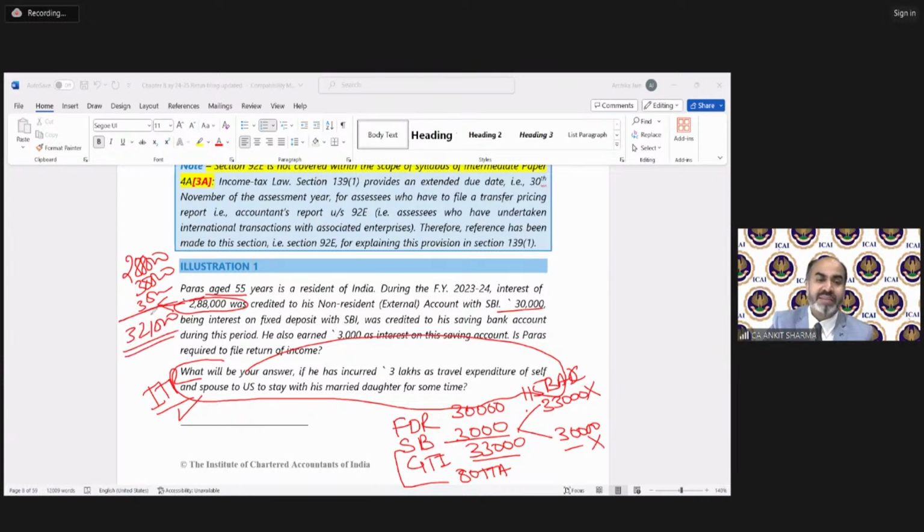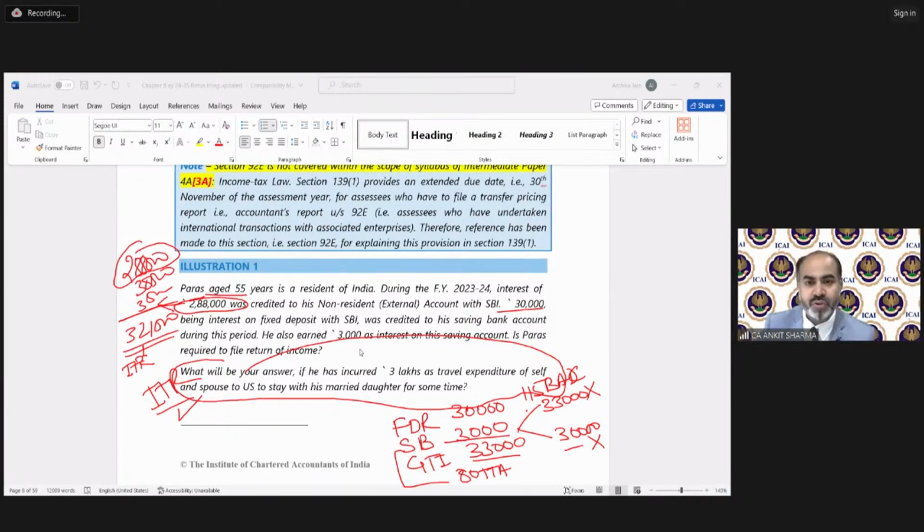So in that case, it exceeds the basic exemption limit in both scenarios, whether it's section 115BAC or normal. Then we can say yes, he needs to file the income tax return if this 2,88,000 is not exempted. Suppose it is not NRE interest income. Suppose it's a dividend income. Suppose it's a house property income. Suppose it's a business income. Suppose it's a net salary income. Then we can say yes, he needs to file income tax return.